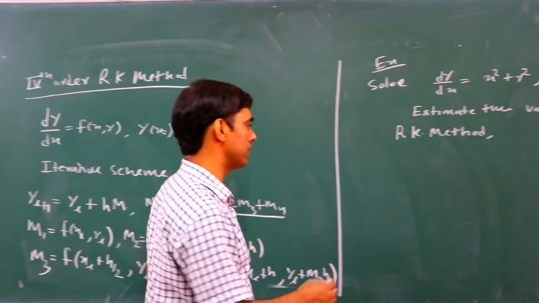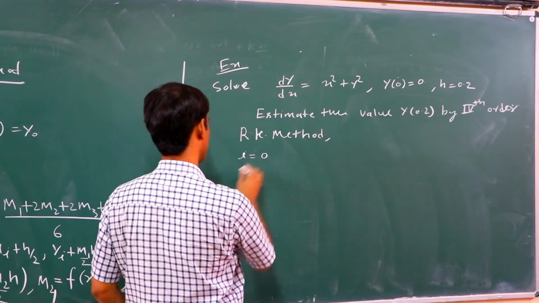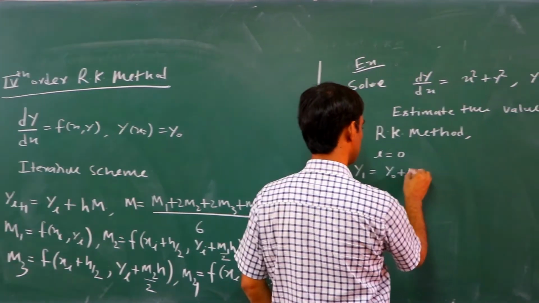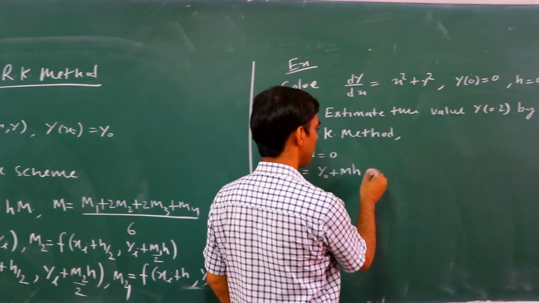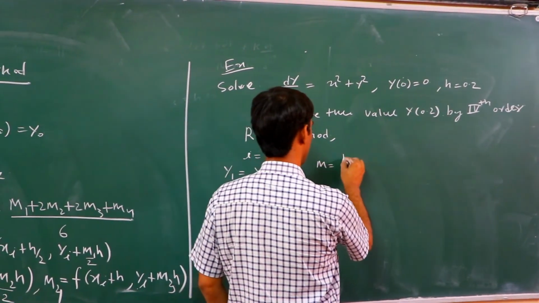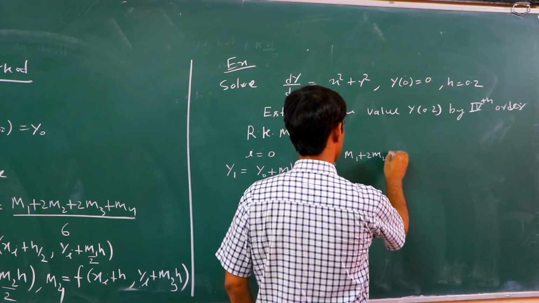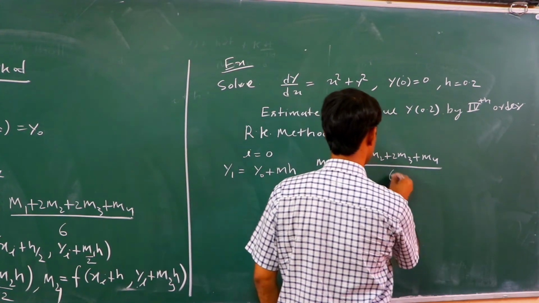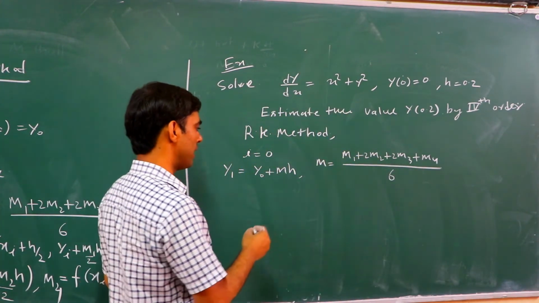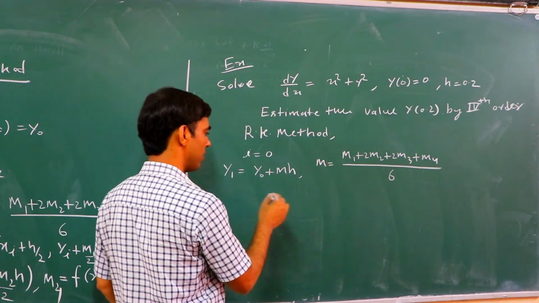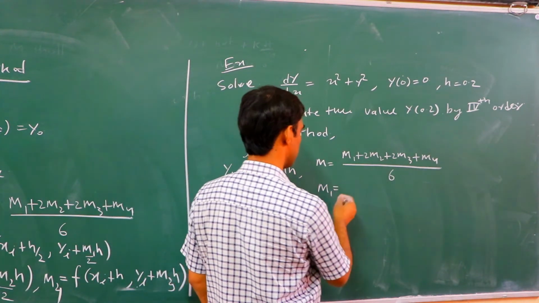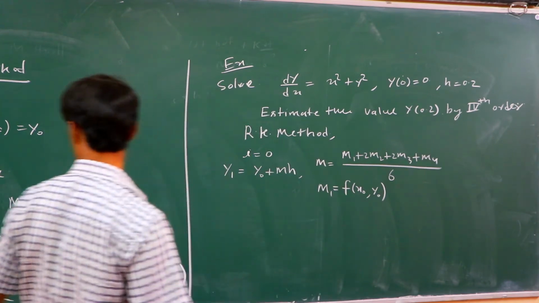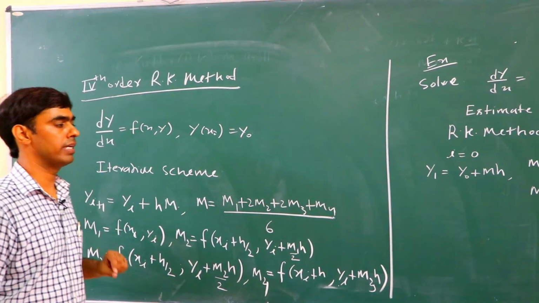If we put i equal to 0 in the iterative scheme, then y1 equal y0 plus mh, and m becomes m1 plus 2m2 plus 2m3 plus m4 divided by 6. Now what is the value of m1? For this iteration, the value of m1 becomes f of x0 y0, because this one is f of xi yi.